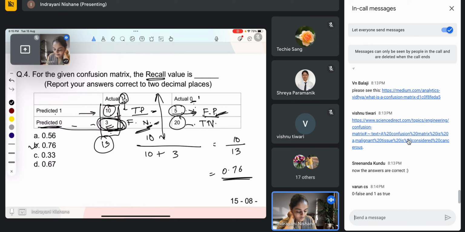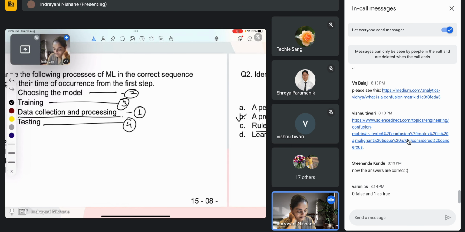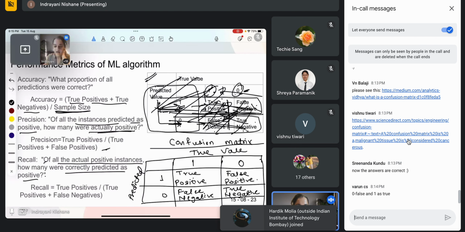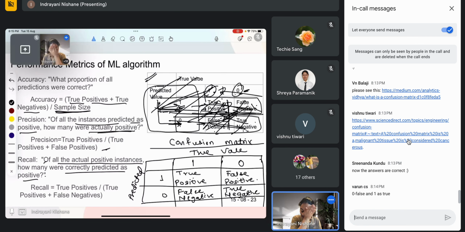But this is correct: true positive, false negative, false positive, and true negative. And now I have corrected this also. I hope now you are not confused, and I'm so sorry for the confusion.